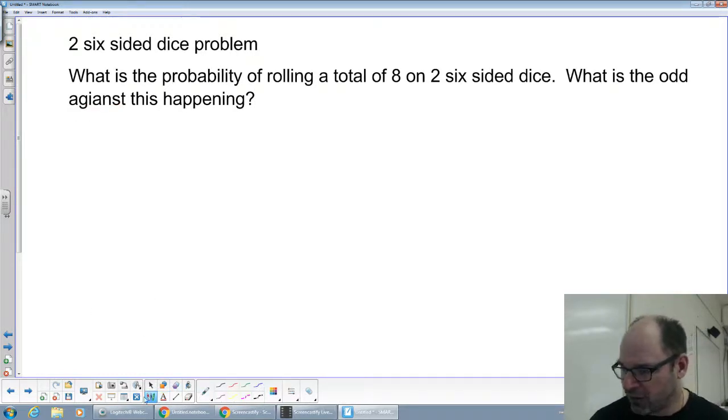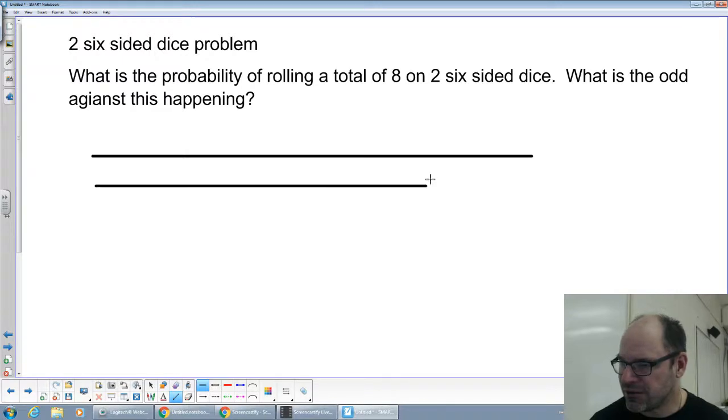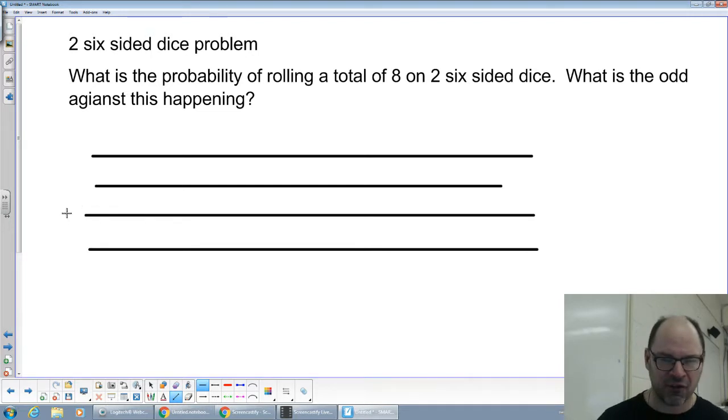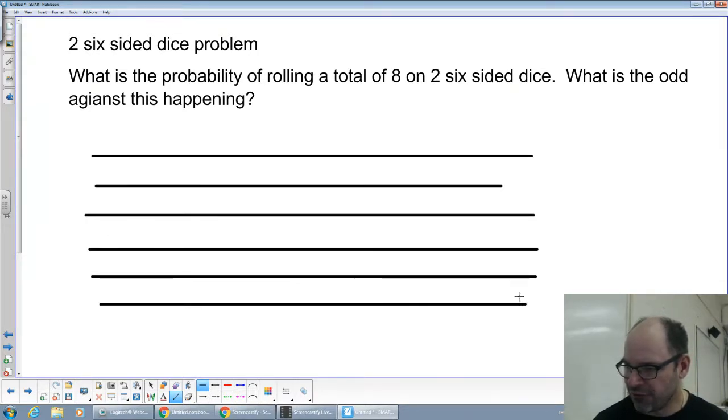So if I were to make a little chart, which I'll just use my line tool here for. So I'm just going to make a 6 by 6 chart for us to use. And you can always draw these out, or pre-make one for yourself and carry it around. You'll use it a few times. So 1, 2, 3, 4, 5, 6.